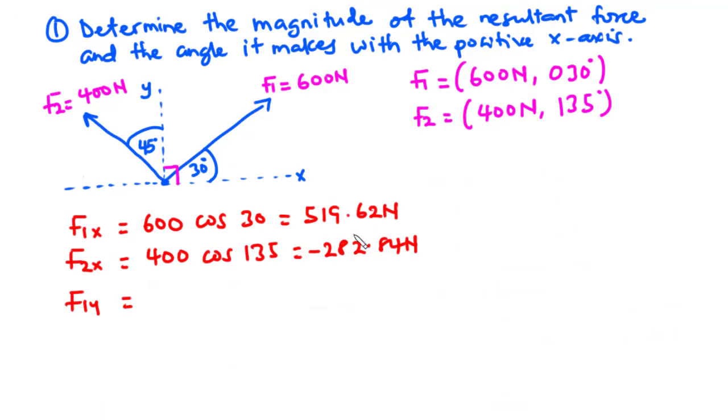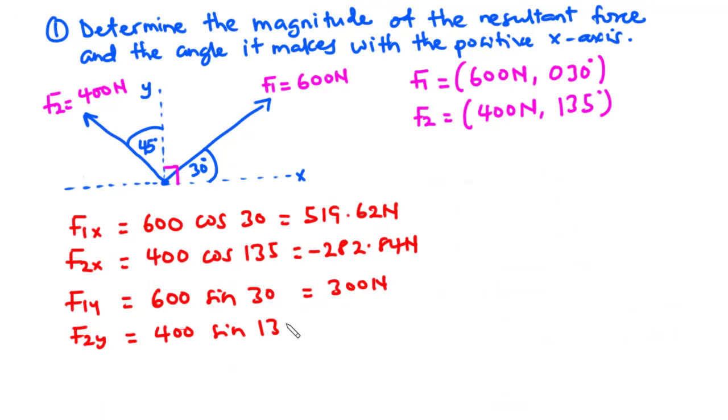F1y is 600 sine 30, and that is equal to 300 newtons. And then we have F2y, which is equal to 400 sine 135, and that is also 282.84 newtons.